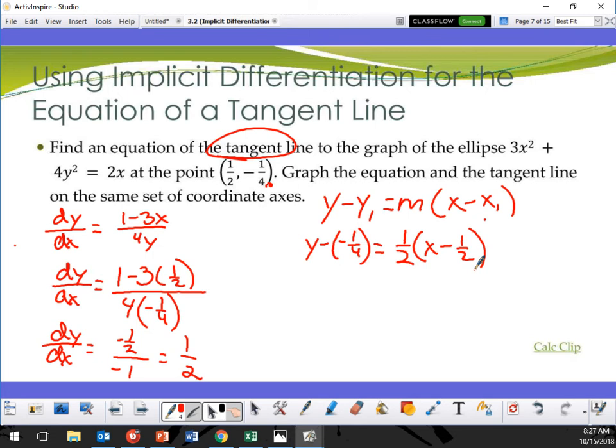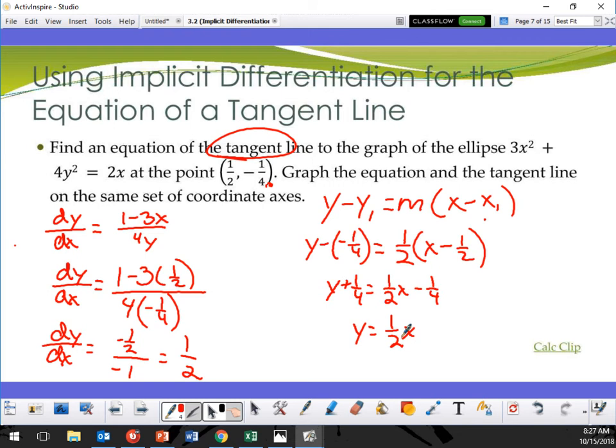Let's see, so I'm going to have y plus 1/4 equals 1/2 x minus 1/4, and then I'm going to subtract a fourth from both sides, right? So it's going to be y equals 1/2 x.